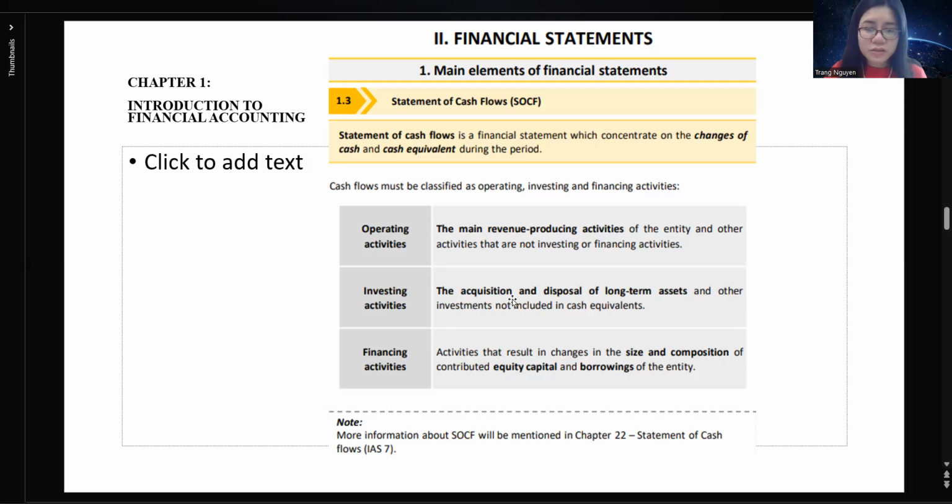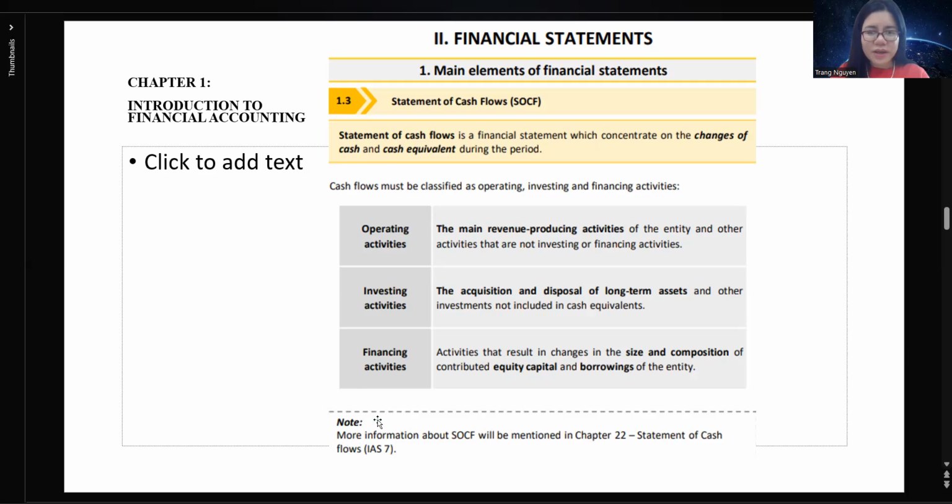Investing activities are the acquisition and disposal of long-term assets and the other investments not included in the cash equivalents. And financing activities are activities that result in changes in the size and composition of contributed equity capital or borrowings of the entity.